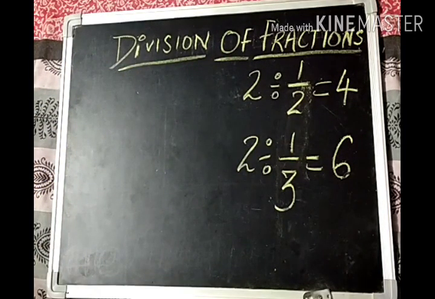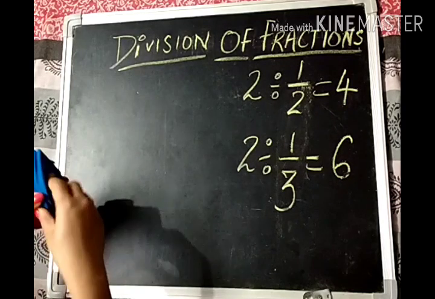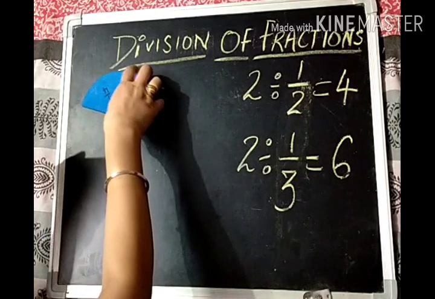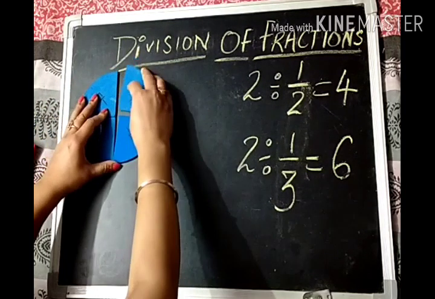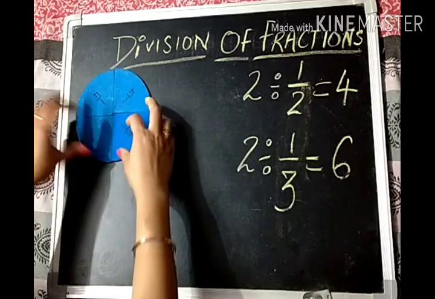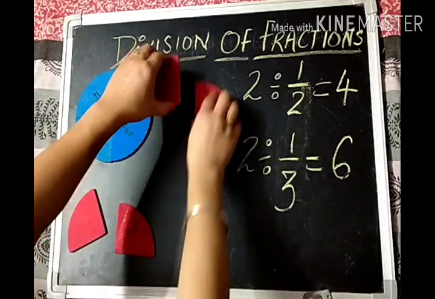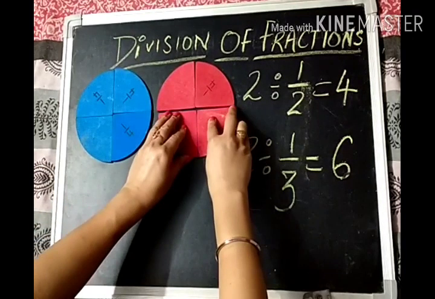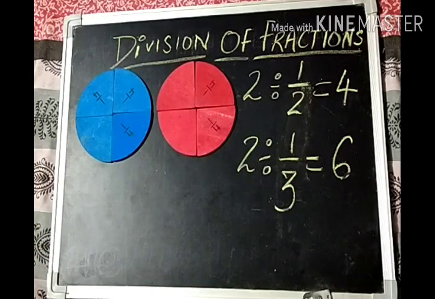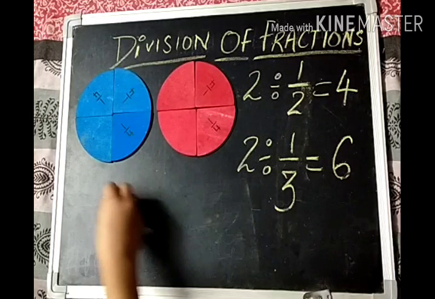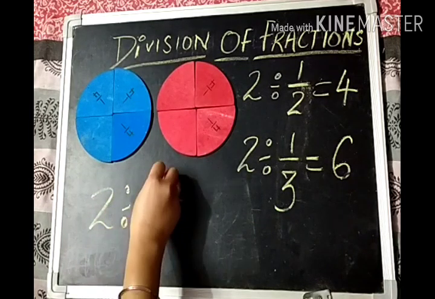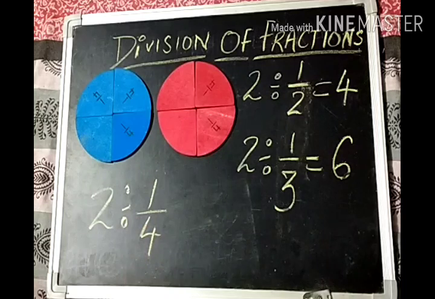Similarly, let us take one more example. Again I have 2 chocolates, 2 chapatis or chocolates you can say. If I have to divide these 2 full chocolates into 1/4, what will we get?